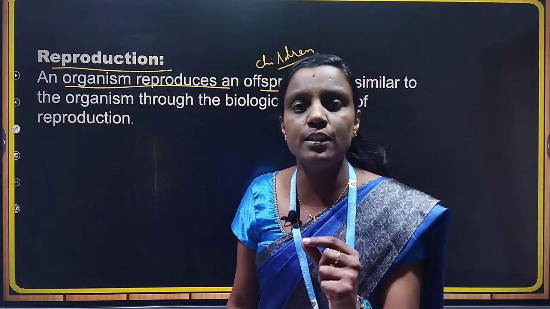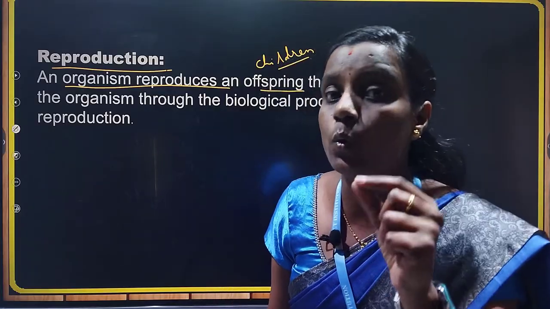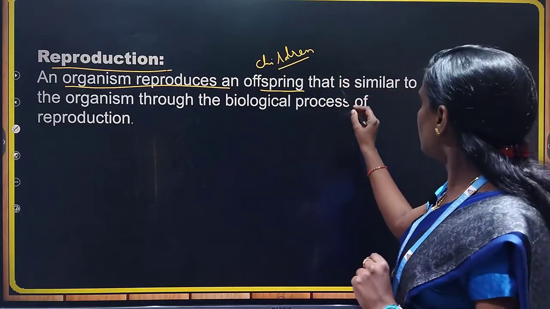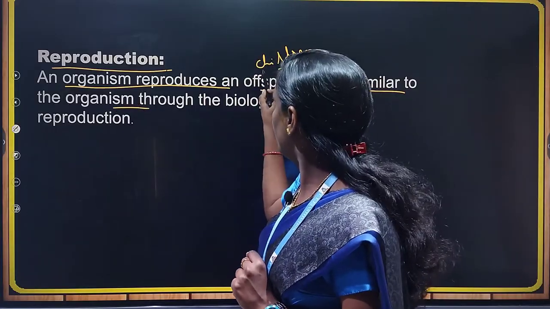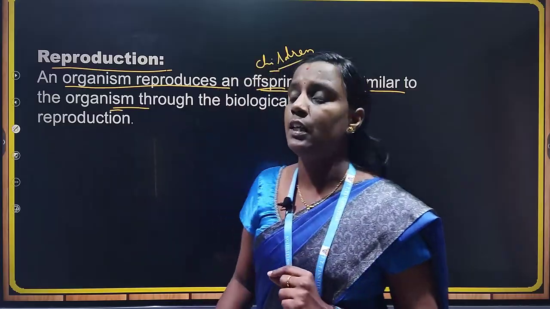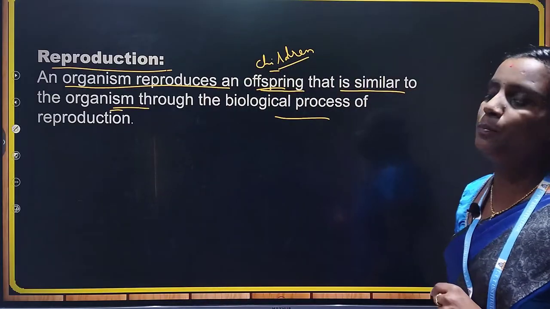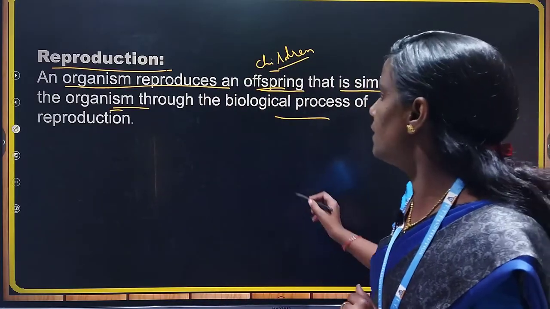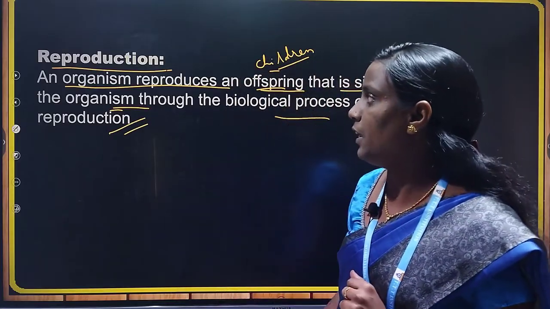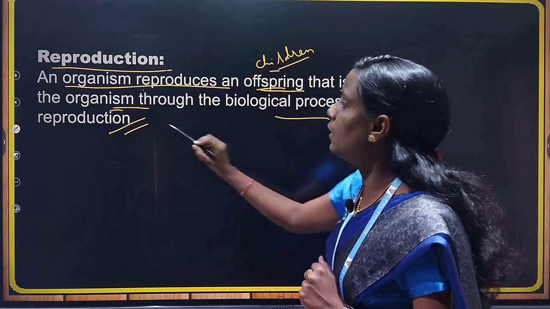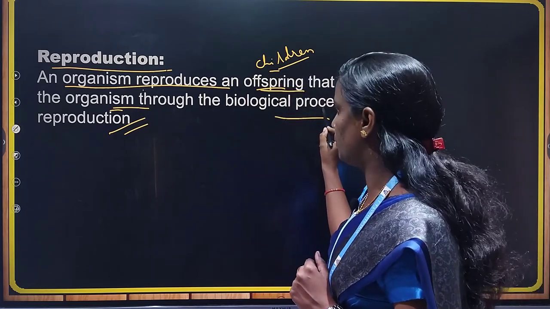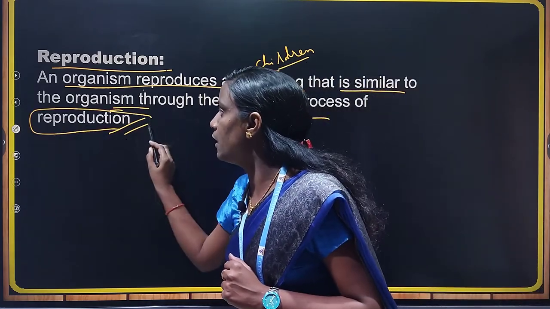So an organism reproduces its own offspring that is similar to the organism. So which organism is producing? The offspring also will be similar to that, through the biological process known as reproduction. Okay, an organism reproduces an offspring that is similar to the organism through the biological process known as reproduction.